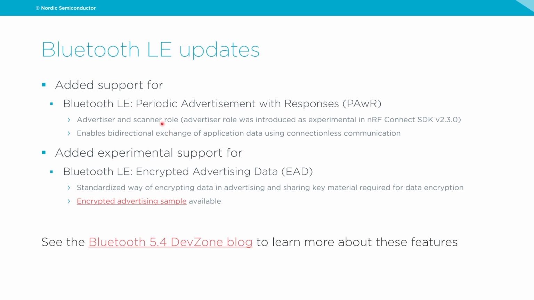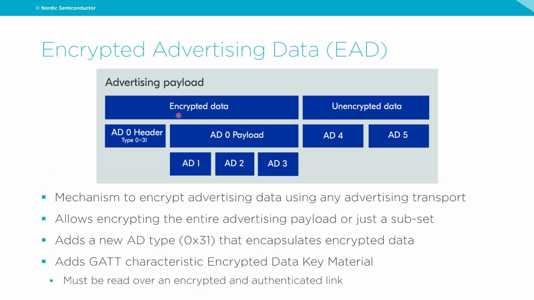All right. Since we've already discussed this one in the previous webinar, we can maybe discuss a little bit more about encrypted advertising data. As mentioned, this brings a standardized mechanism to encrypt advertising data, and it can use any advertising transport. It's actually quite flexible, because you can encrypt the entire advertising payload, or you can encrypt just a subset.